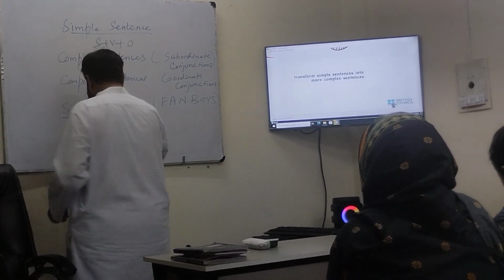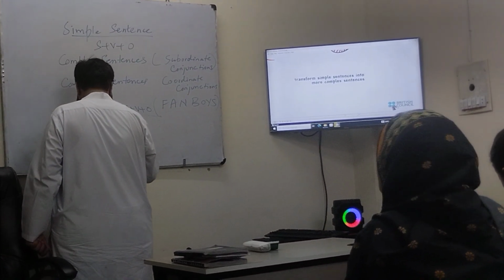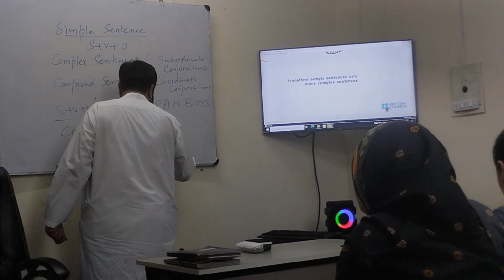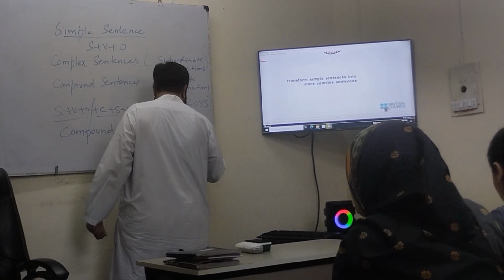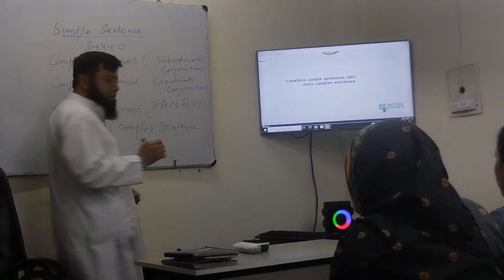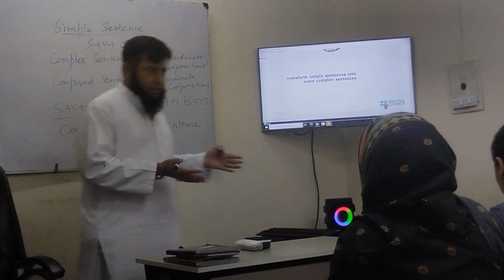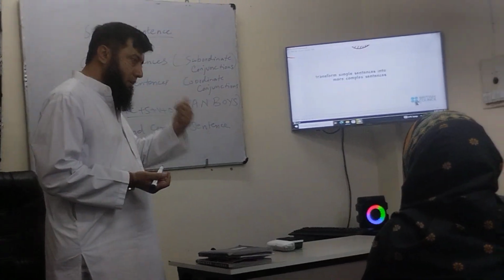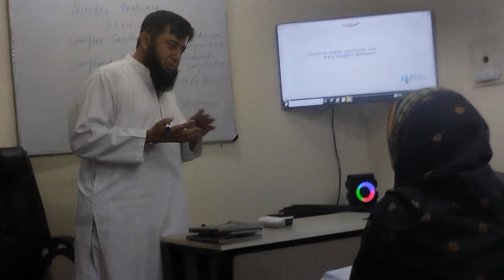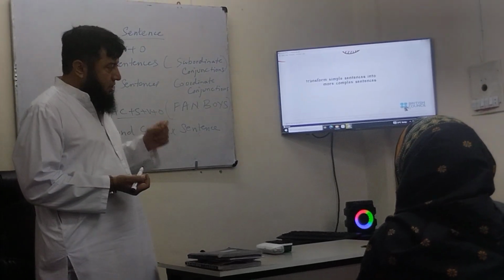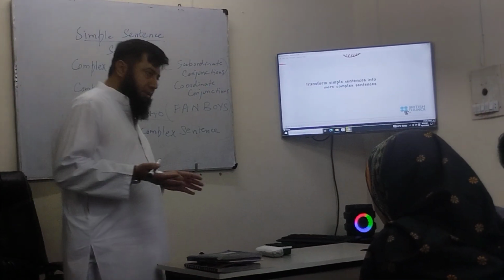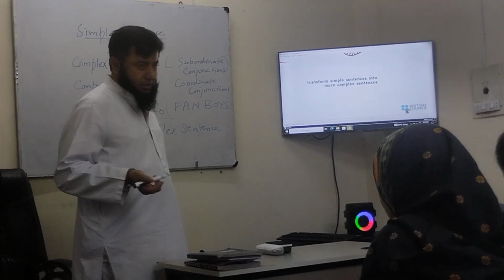There's another sentence type, that is the compound complex sentence. What is compound complex? Then you have two independent clauses and one dependent clause, meaning there are coordinate conjunctions and subordinate conjunctions, both used there. So that sentence becomes a compound complex sentence. Two clauses must be independent and one should be dependent.